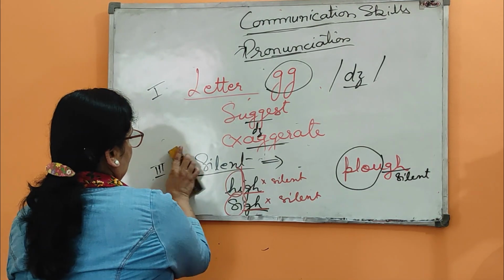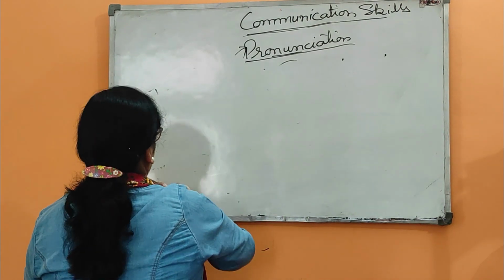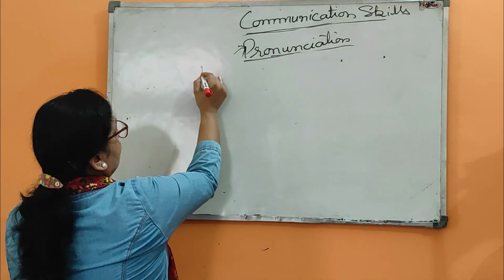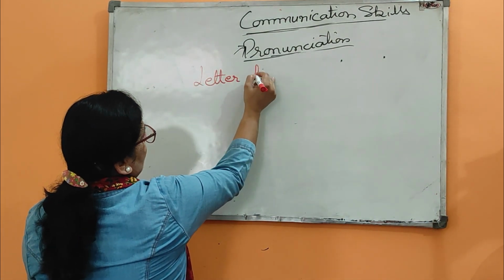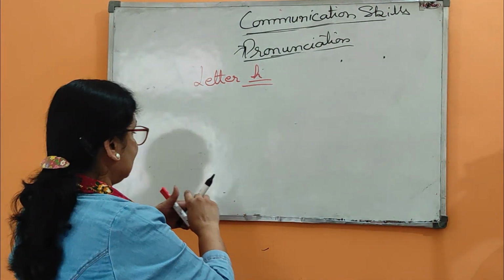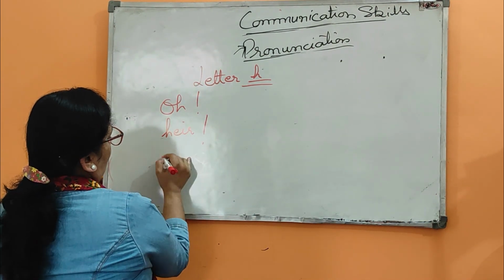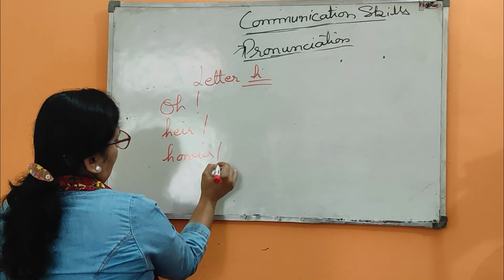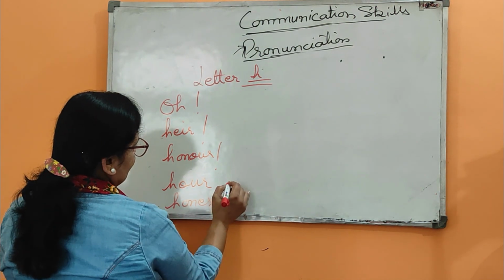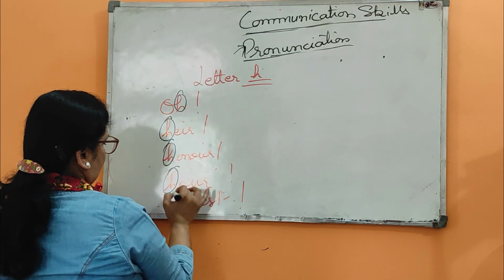So I come up with more examples. Because we are talking about pronunciation, we have to take the letters differently to understand their pronunciation. Next one is letter H. This is very important, and I will talk about when that letter remains silent. Examples are hour, honor, our, honest. Here in all these examples, H is silent.